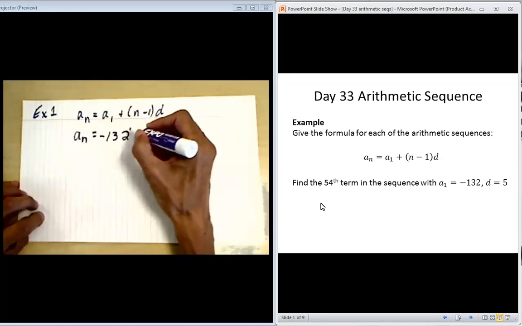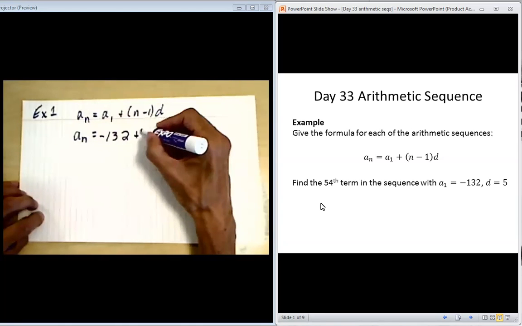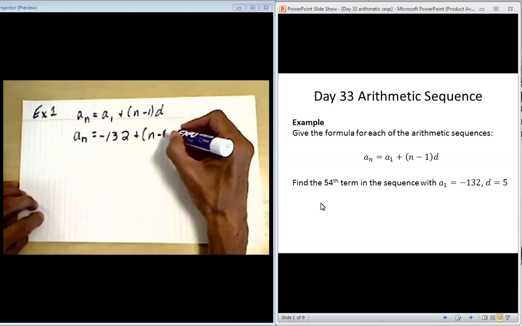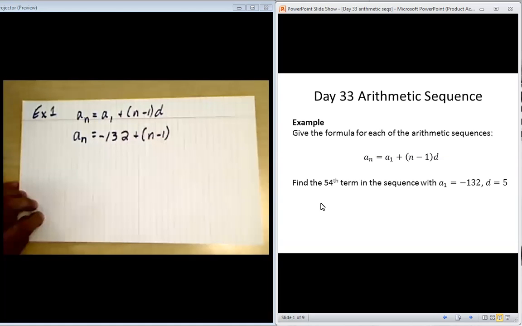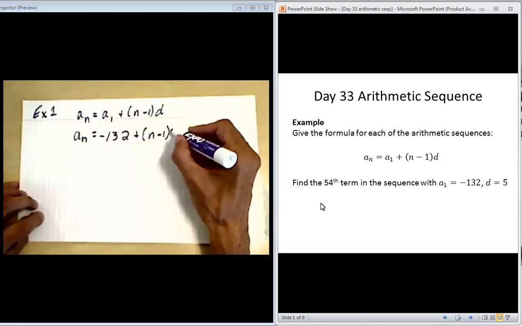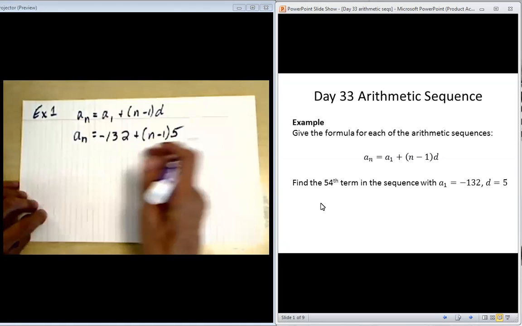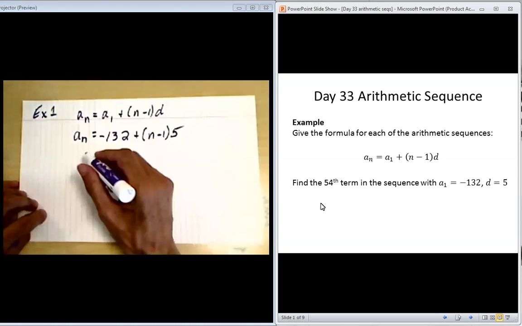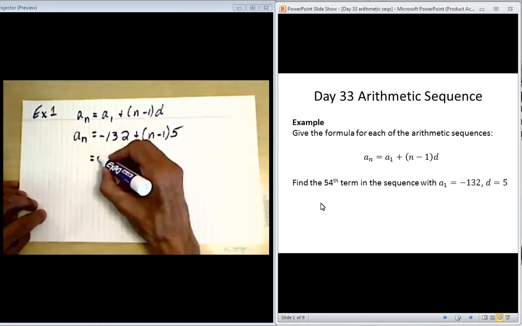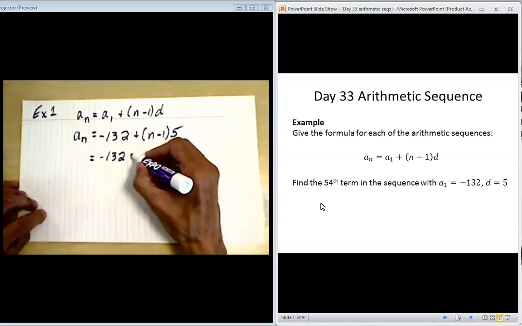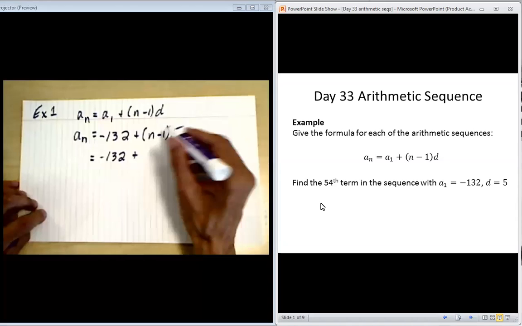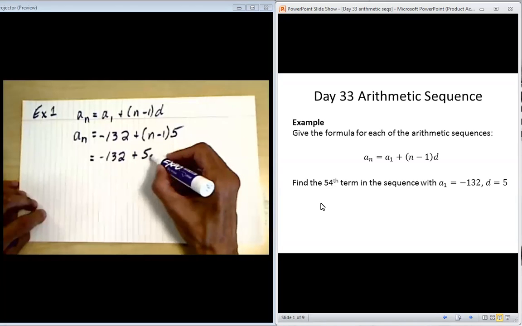Okay. We'll put the D in first, which in this question is 5. And then open the brackets, simplify at the end there, right? So minus 132 plus, open the brackets, we get 5n minus 5.